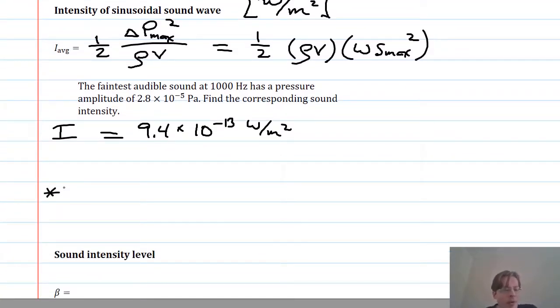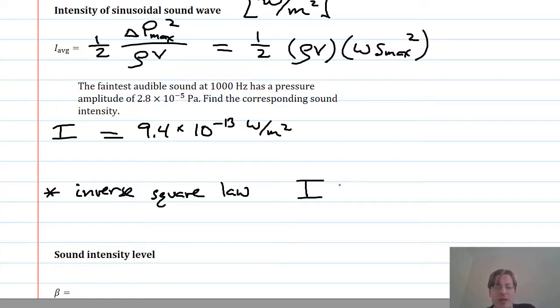We also want to remember way back when you learned about the intensity of sound, and you learned that it obeys an inverse square law. That's the reason the fireworks sound so quiet the further away you get. Because intensity at some distance from the source, or some radius from the source, let me draw a sketch, here's the explosion.